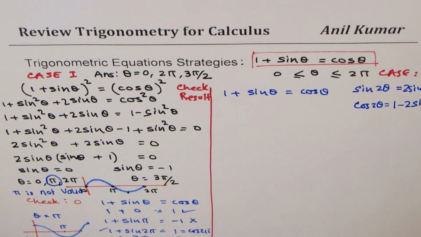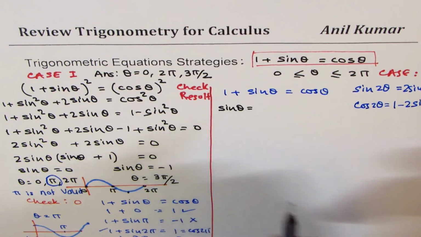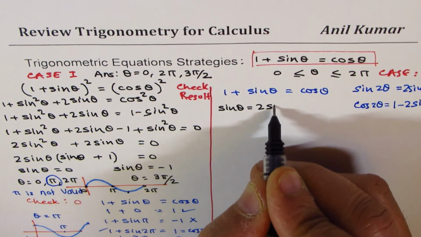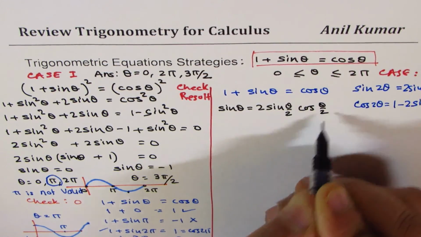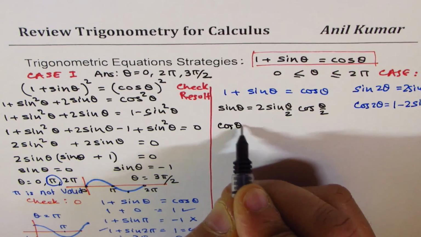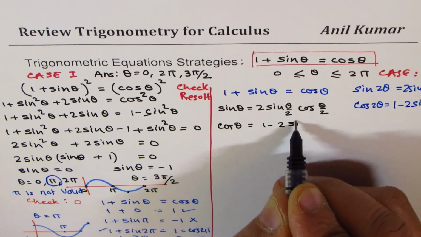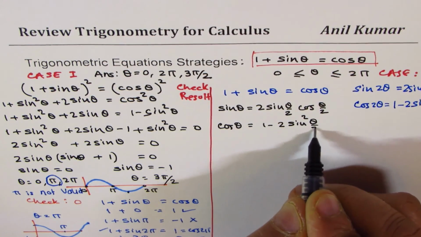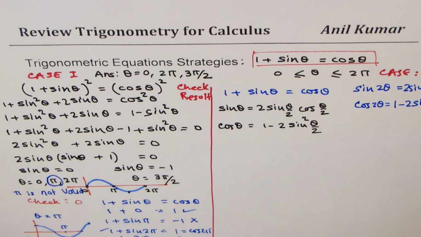So what I'm trying to say here is that I could write sine theta as 2 sine theta by 2 cos theta by 2, and I can write cos theta as 1 minus 2 sine squared theta by 2. You get it? So we are going to do this substitution and then solve.